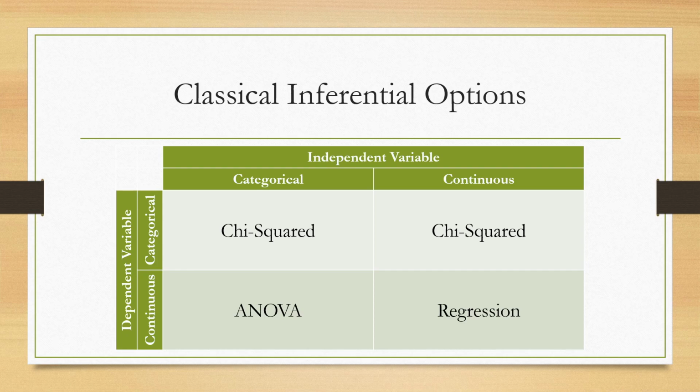And if you split the continuous variable into categories, now you have an analysis technique that can handle a categorical independent variable with a categorical dependent variable. So that would essentially turn this continuous variable into categorical and essentially turn our logistic regression into a chi-squared analysis.